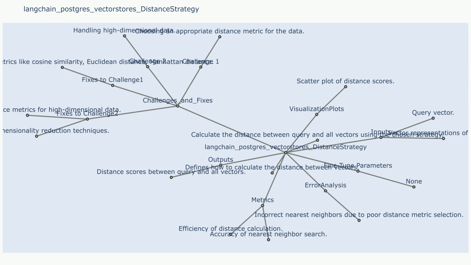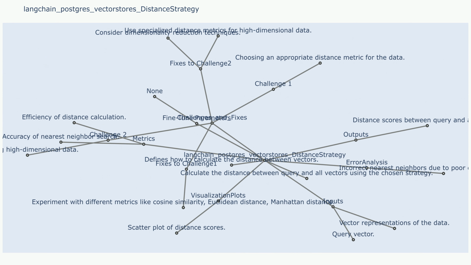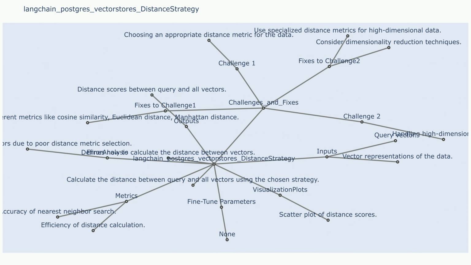Consult the documentation of the chosen embedding model for guidance on recommended distance strategies. Challenge 2. Handling high dimensionality in vector spaces. Sample use case that resulted in challenge 2. Working with very large vectors can lead to computational inefficiency and potential issues with distance calculation.